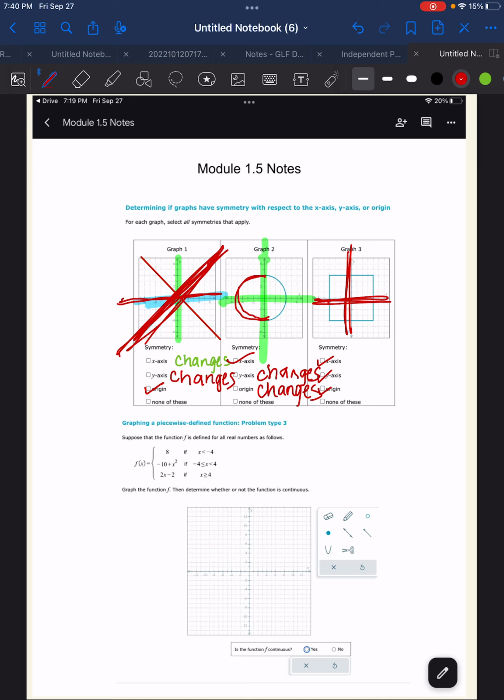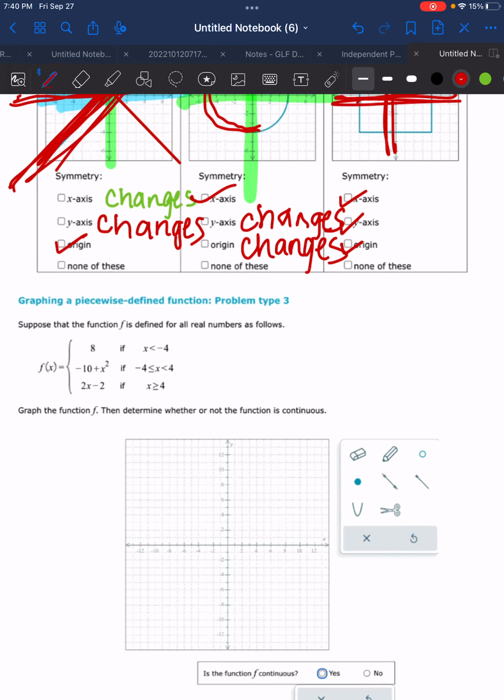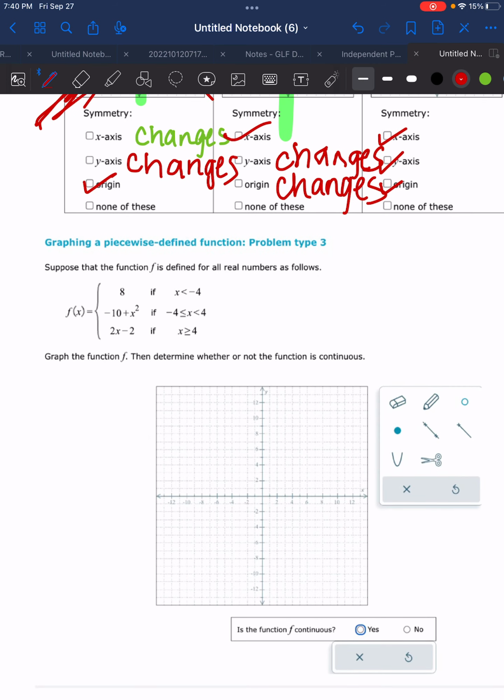Moving on to graphing a piecewise defined function. Since f of x equals 8 means my graph is just going to be straight across like this.